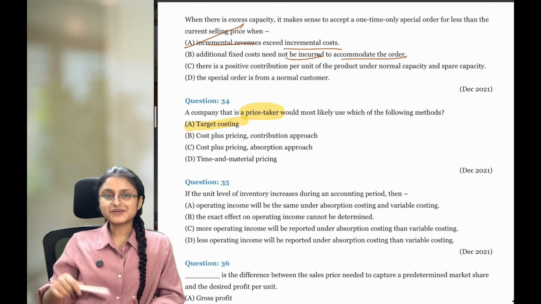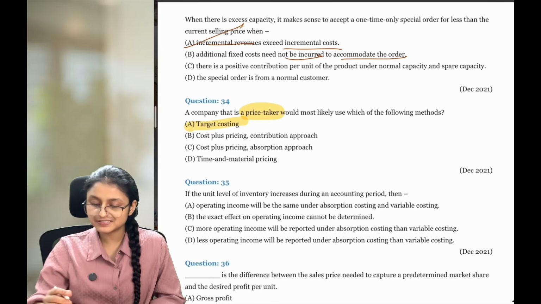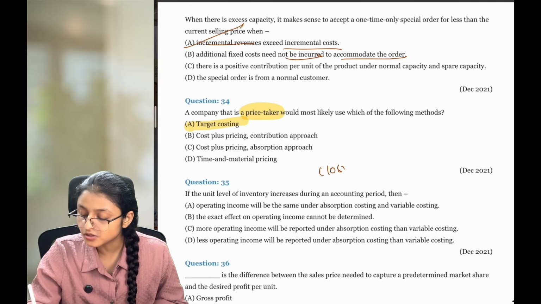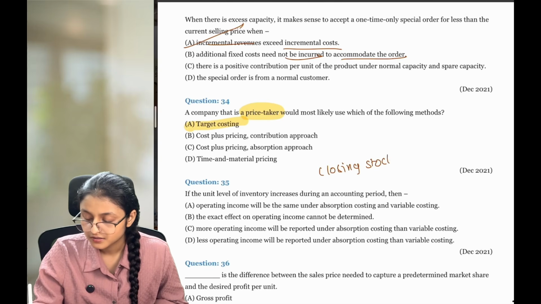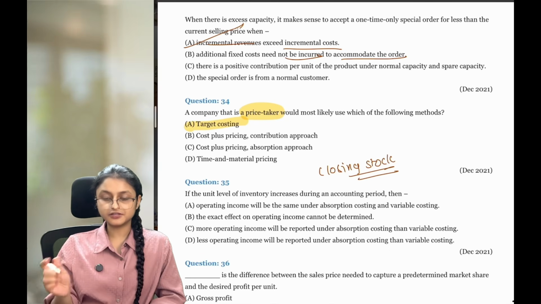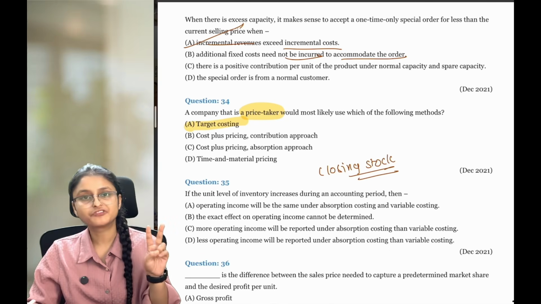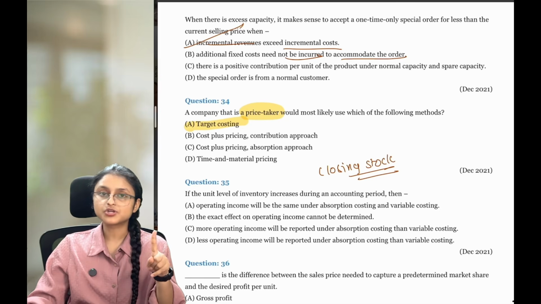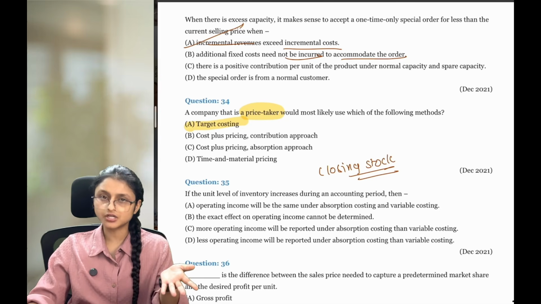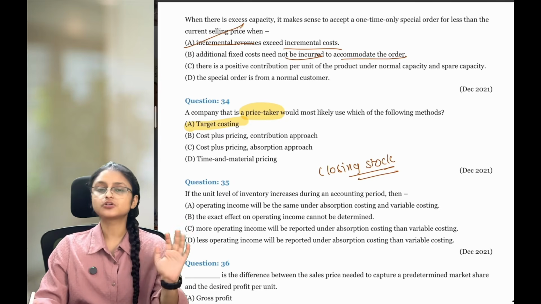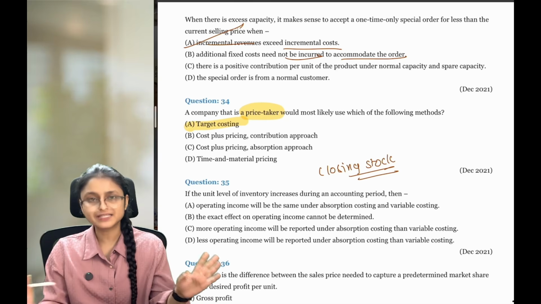So in this question, when they are saying unit level of inventory is increasing, that means our closing stock is higher here. And whenever closing stock is higher, you need to understand that we have two different types of costing method. First is absorption costing and second is variable or marginal costing. You can call it variable costing, you can call it marginal costing, both are exactly the same thing.